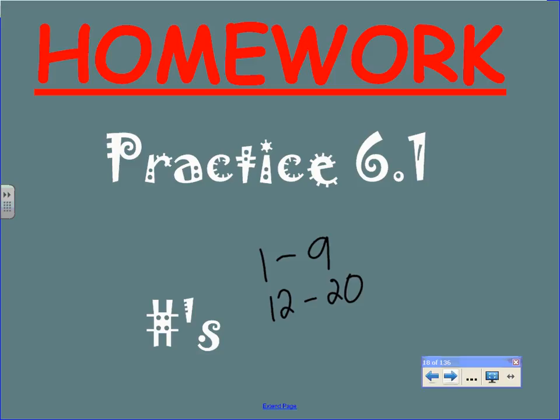Let me explain a couple things so you're not confused. Okay, 1 through 9, so it says here, tell whether the ratio is in simplest form. If not, write it in simplest form, and then write the ratio 2 other ways. So for number 1, I would simplify it first, and then write it 2 other ways.